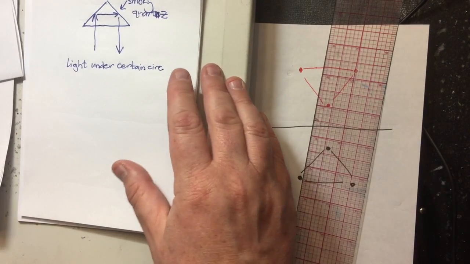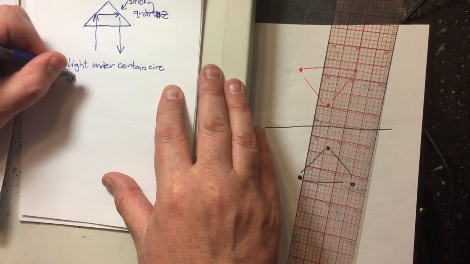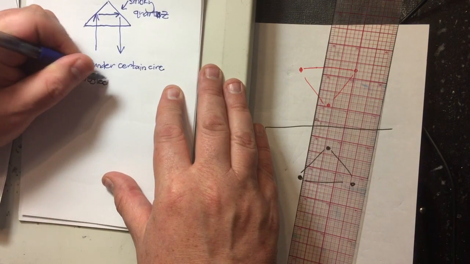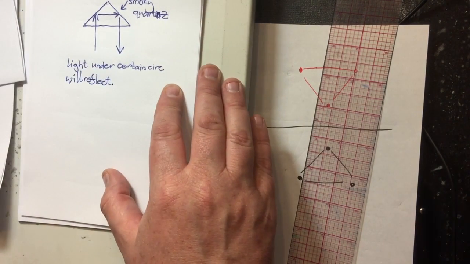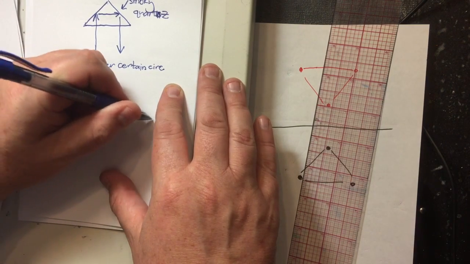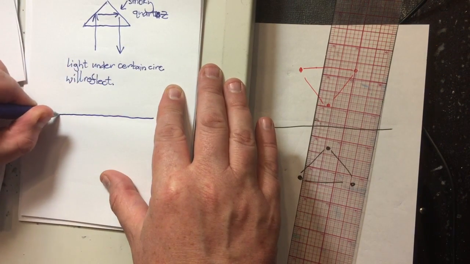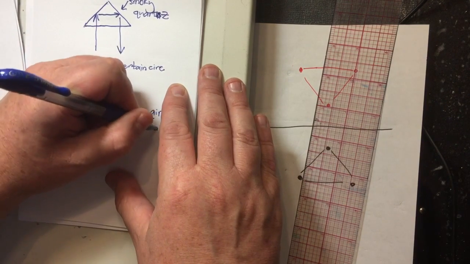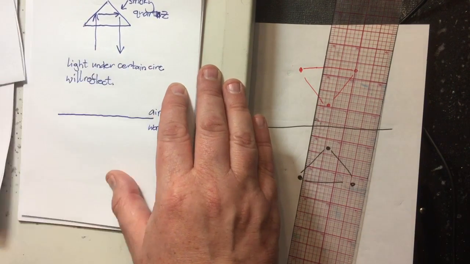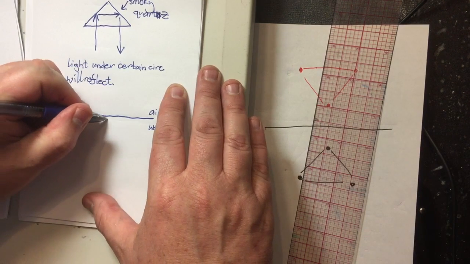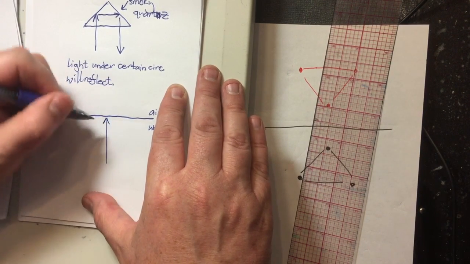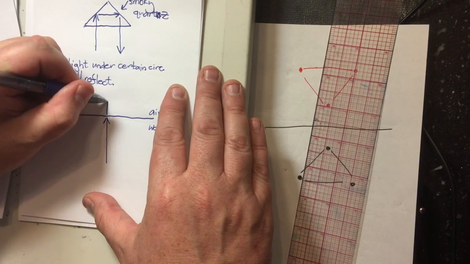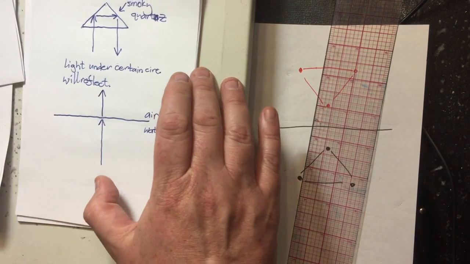So light under certain circumstances will reflect. Now, if you just have, let's say, air and water, if you just have a ray of light here, the light will go straight through.